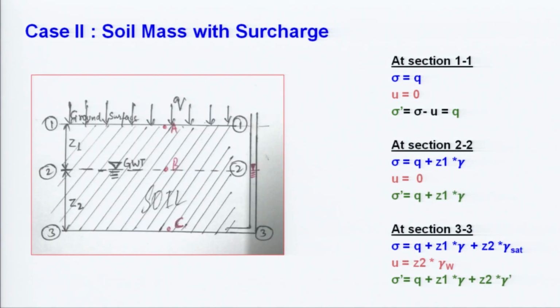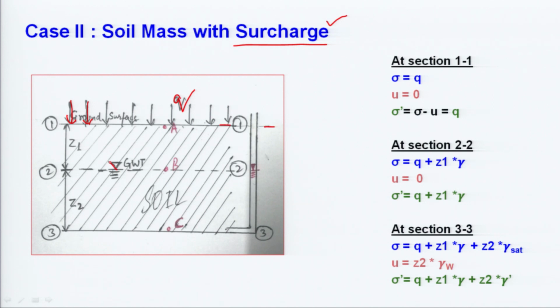Now, considering another section, the soil mass which contains some surcharge. So, understand here surcharge. This will be playing a role in total stress, because I have told you already that total stress is due to the self weight of the soil above that section and also due to the surcharge. So, see here some surcharge is being applied, this is the value Q. Let us take this section.